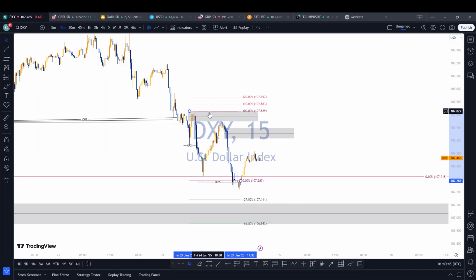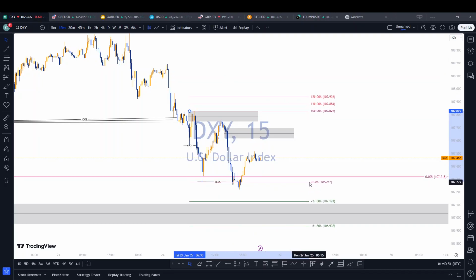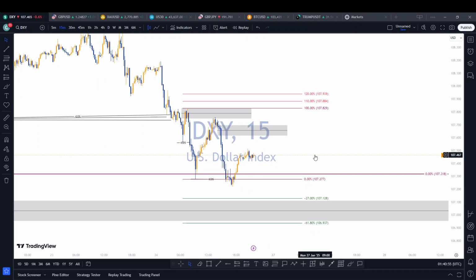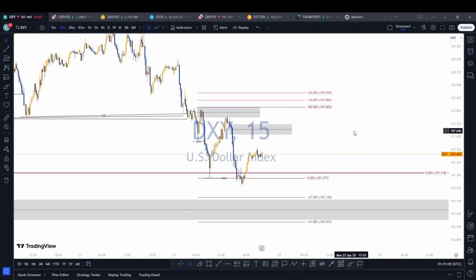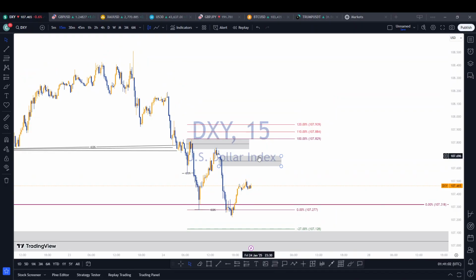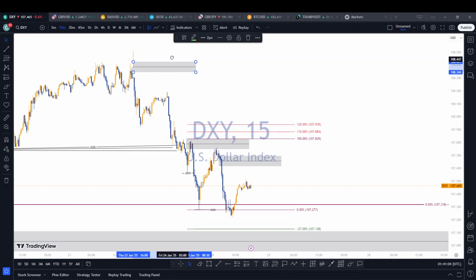Let's see from here to here. I think I'm just gonna do from here to here. Yeah, so as long as we don't break, let me just do one more. I have this long one. Let's see, this one right here is also valid.